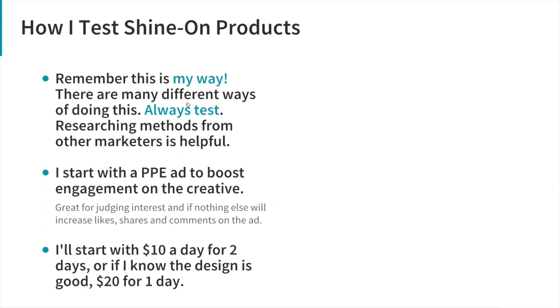But what I mean by if I know the design is a good one is that quite a few of my products, they all look quite alike, okay? The artwork on them is pretty much the same, but I'd have just changed the text according to who I was aiming the product at, all right? So that's how a lot of successful ShineOn designs and marketers work.